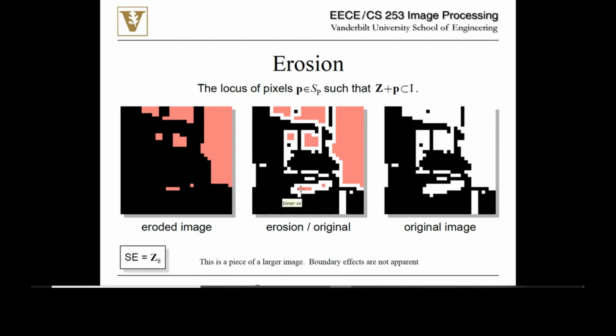That red will be our output. And the same here. What about this pixel here? If I shift my kernel to this particular location, part of the structuring element is outside the image. So it will not be kept at the output. So this single pixel disappears.